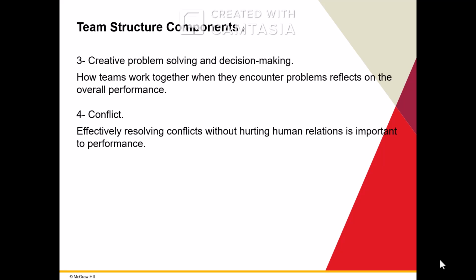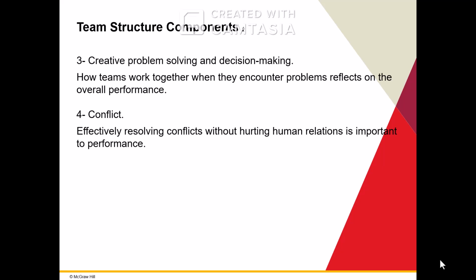So creativity in bringing out solutions is very crucial for the teams in order to achieve their goals. And when they face a certain problem, the decision-making process is the end result of what they are doing. Decision-making could make them achieve their goals better, or sometimes vice versa.